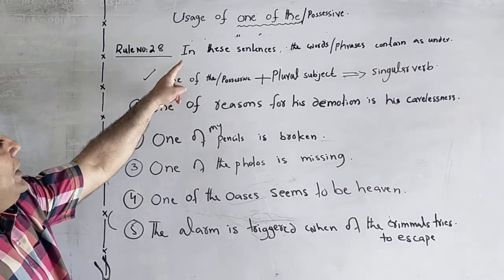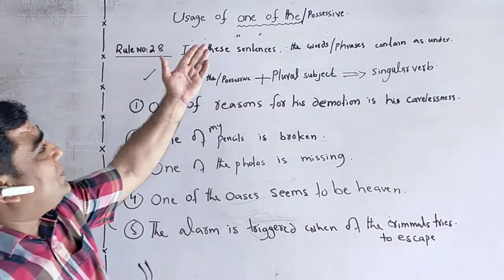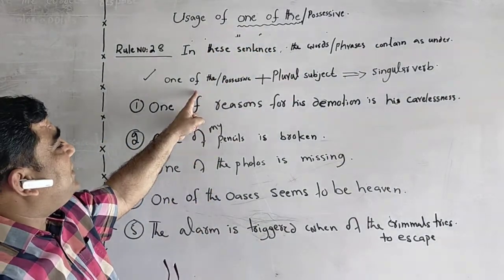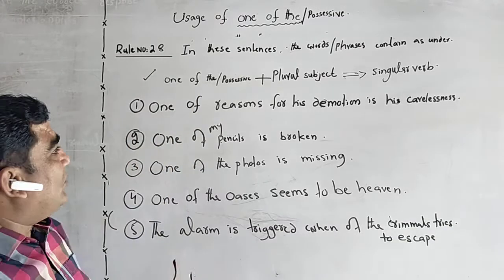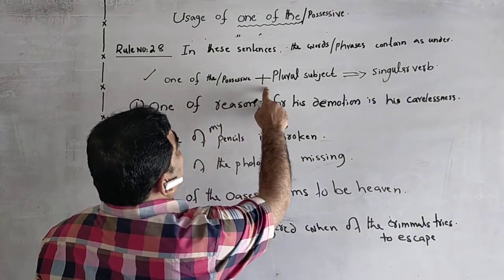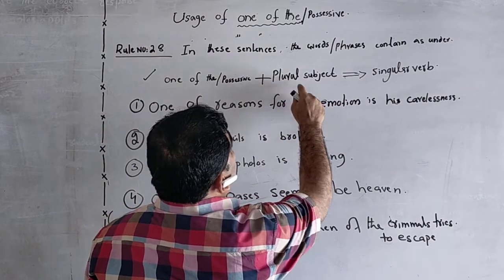See, in these sentences the words or phrases like "one of the" and possessive contain "is". This is the structure of that. You must note this down. One of the or one of a possessive, and then we say that we have to put the subject in plural.